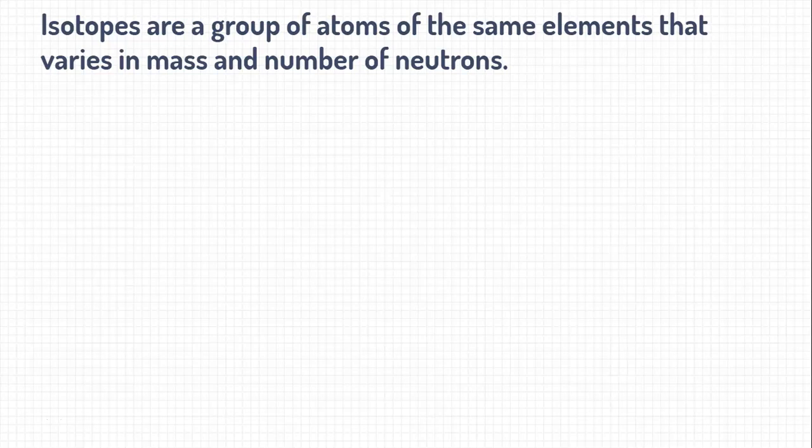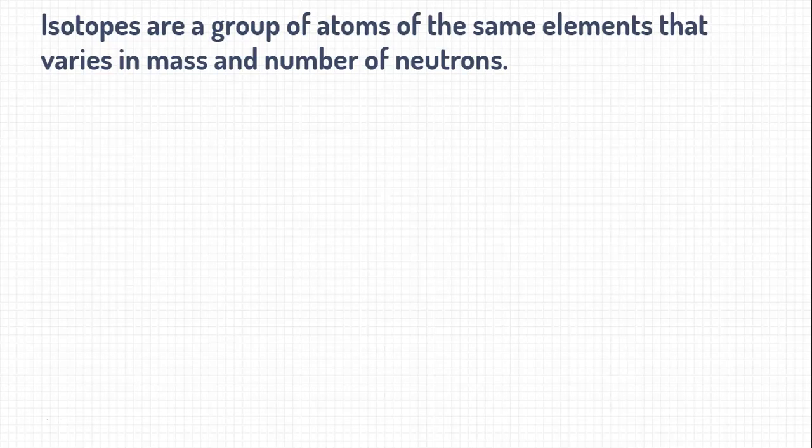Now, the reason why isotopes have a different number of neutrons to one another is because we know that the atomic mass equals the number of protons plus the number of neutrons. So why are we saying that isotopes aren't changing the number of protons?